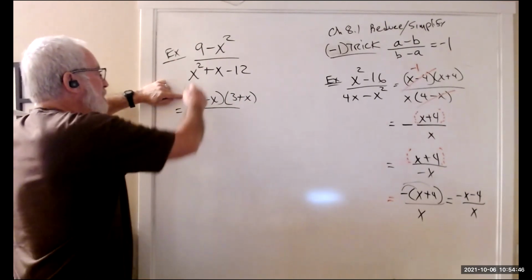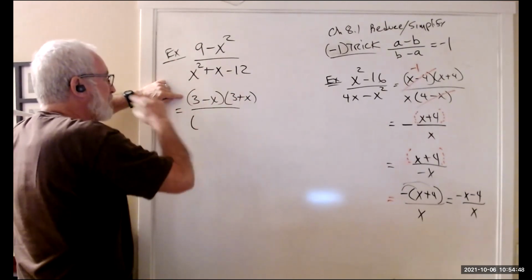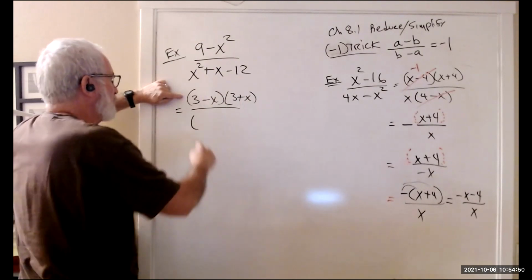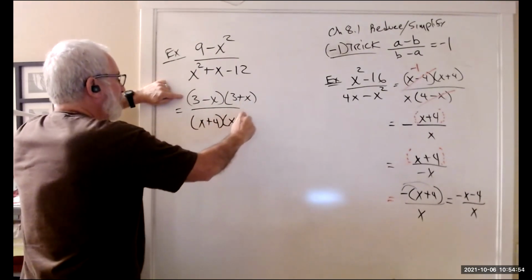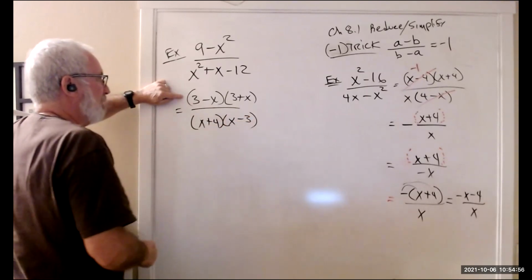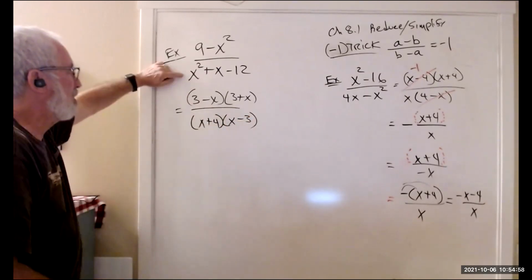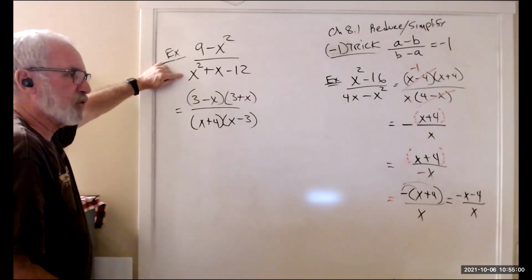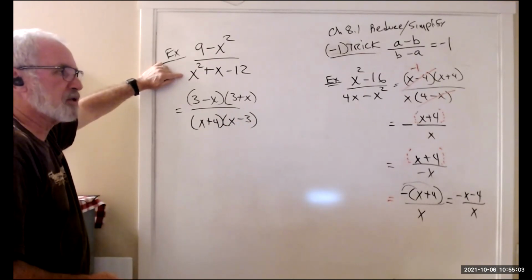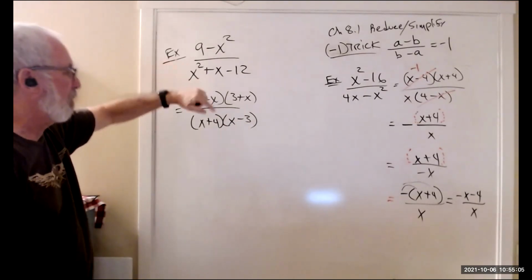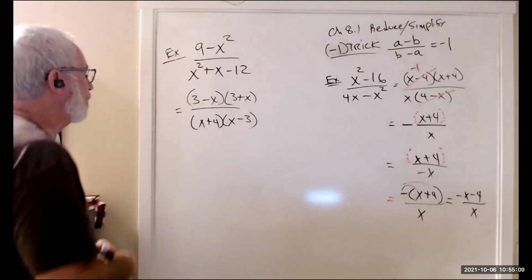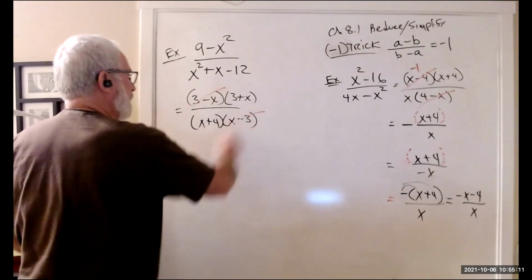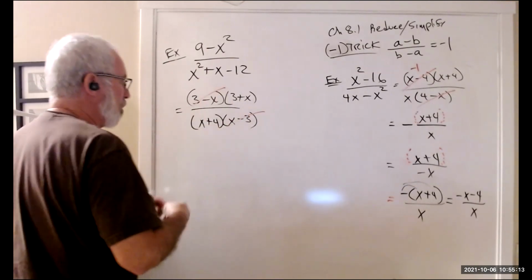Okay, the denominator is what I call an easy trinomial. It's x plus 4 and x minus 3. Again, AC is negative 12. What multiplies to negative 12 and adds to be 1? It's this. So the x minus 3's and the 3 minus x's cancel out, almost.